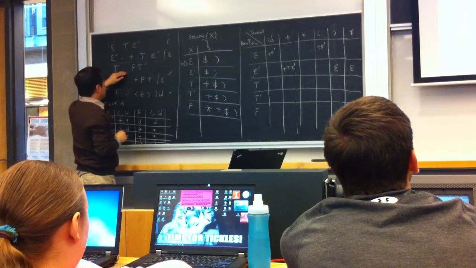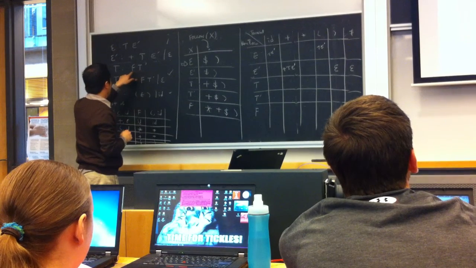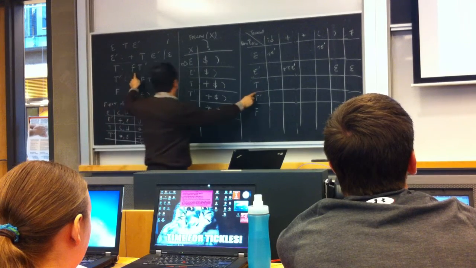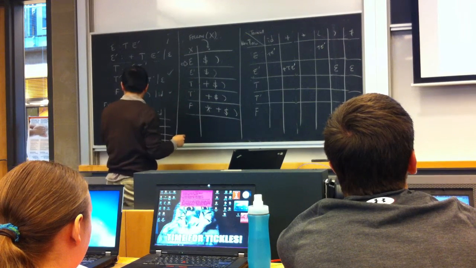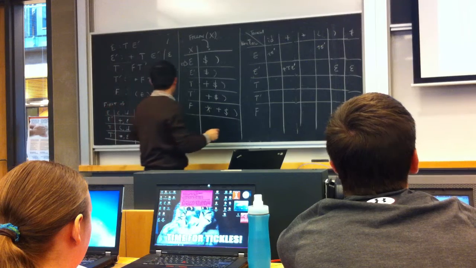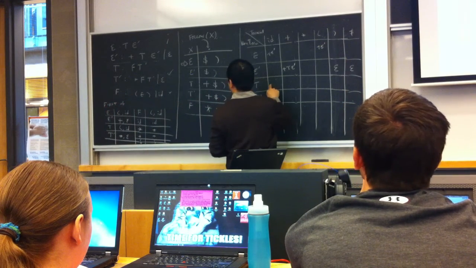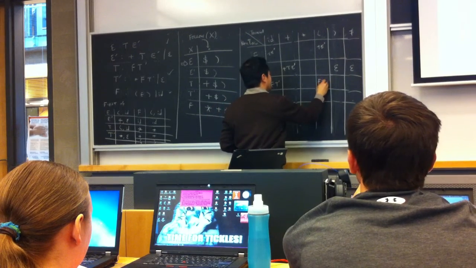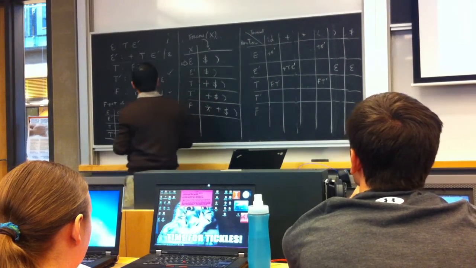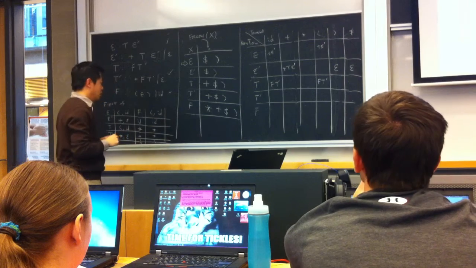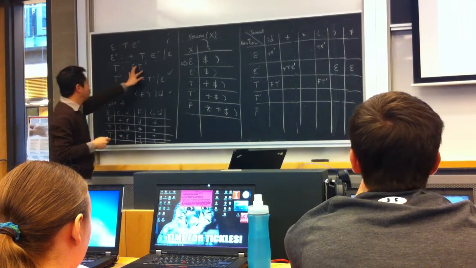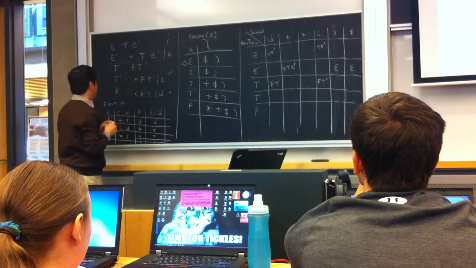Going to the next production rule, T goes to F and T prime. One can use F and T prime. It's the first of F: open bracket and ID. So for ID you use F and T prime, and for open bracket you use F and T prime. And this can never be the empty string, so you don't have to worry about the second one.